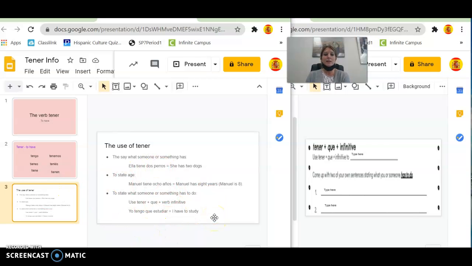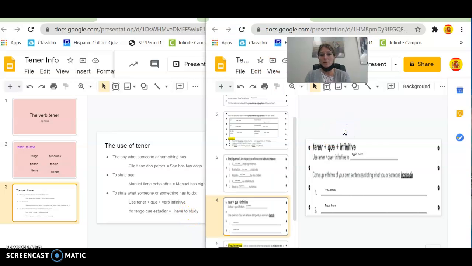You can use tener to say what someone or something has to do. But when you do that, you use a form of tener, this word que, and then another verb in its original form. My example here, yo tengo que estudiar. I have to study.